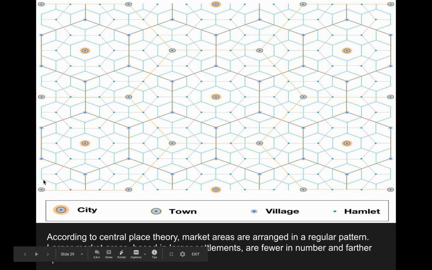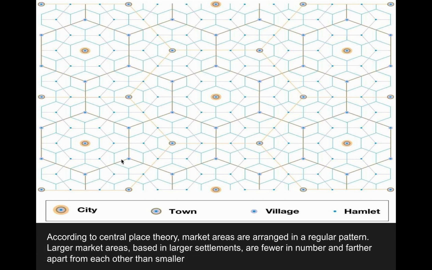We can look at this chart right here. We can see that the main city would be right here with this large hexagon, and that city, according to Christaller, is going to have more than 3,000 inhabitants, and usually that city is going to offer more specialized consumer services.